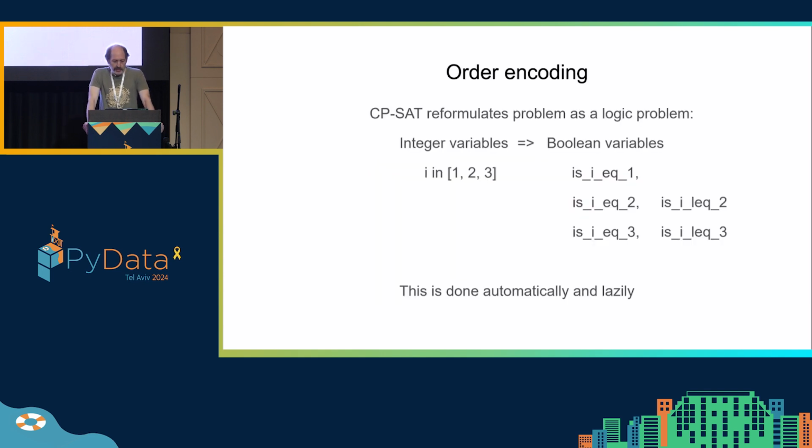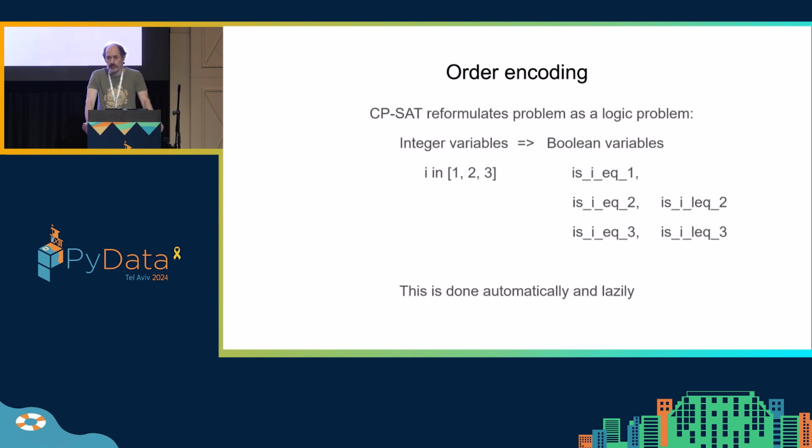So in CP-SAT, what happens is it's based on order encoding. It reformulates a problem as a problem in logic. So if you have an integer variable, say I, which can be either 1, 2, or 3, it will be transformed into a few Boolean variables. So is I equal to 1? False or true? Is I equal to 2? Is I equal to 3?